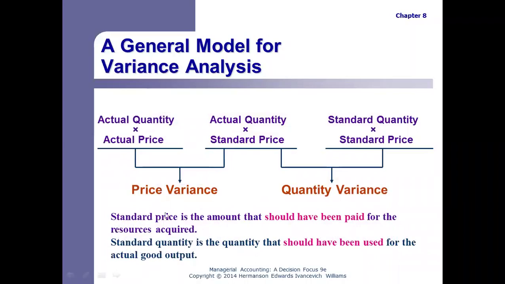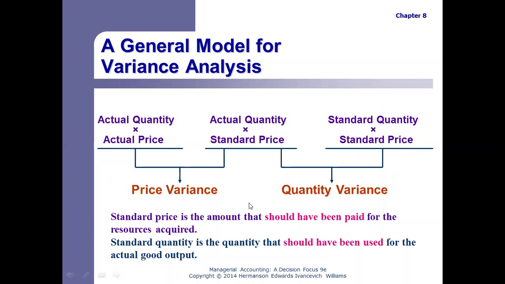So this is a template that I like to use. You don't have to use this. You can just use formulas, as we'll see. But I like this chart. Notice that the left-handmost column is the actual quantity times the actual price. The right-hand column is the standard quantity times the standard price.